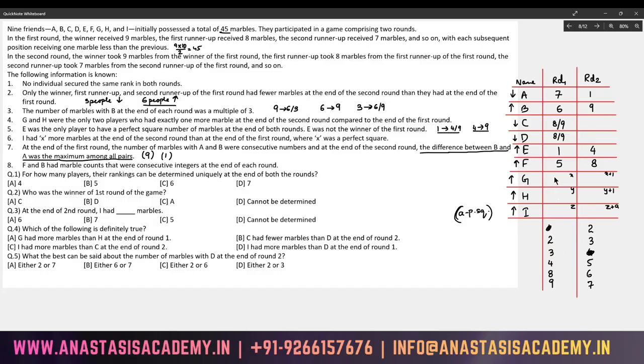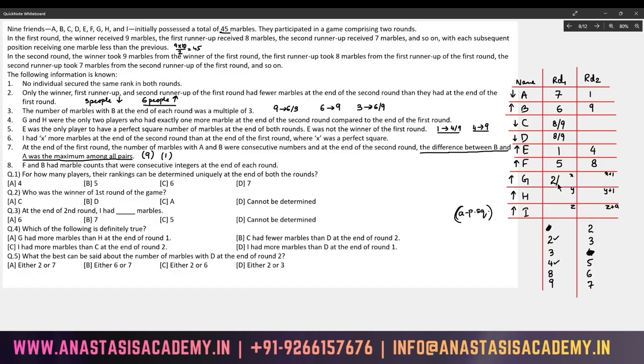Now I'm looking for scores for G and H. One more than 2 is available. One more than 3 is not available. One more than 4 is available. One more than 8 is not available. One more than 9 is not available. So the only way G and H can get scores is something among 2 or 4.